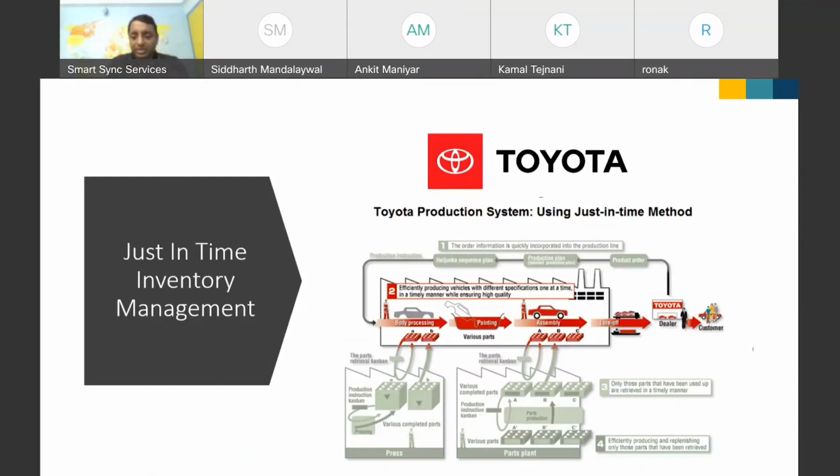So they are always aware of the orders they are going to get, and they only work towards those orders. They efficiently produce vehicles with different specifications one at a time in a timely manner while ensuring high quality. And only those parts that have been used up are retrieved in a timely manner. So that leads to efficiently producing and replenishing only those parts that have been retrieved.